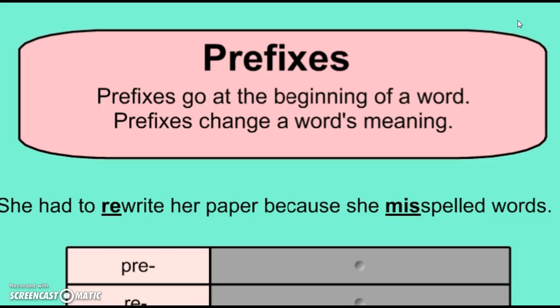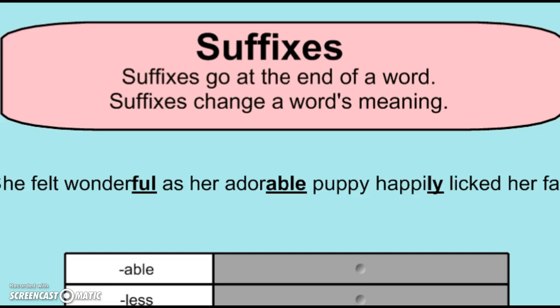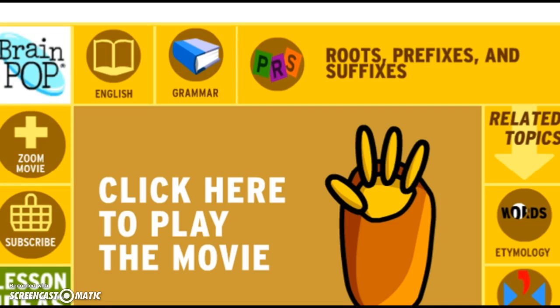And when you add a prefix, it changes a word's meaning. Next, we have suffixes. Suffixes are the opposite of a prefix. They go at the end of the word. When you have a suffix, it also changes a word's meaning. While we watch the next video, by the end you should be able to tell me the difference between a root, prefix, and a suffix.